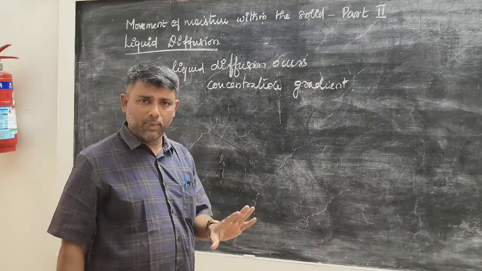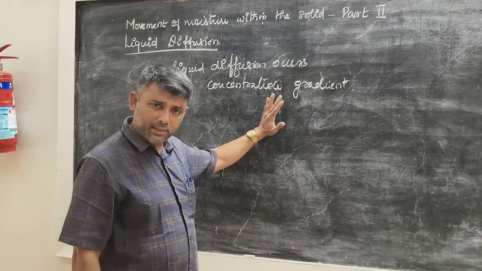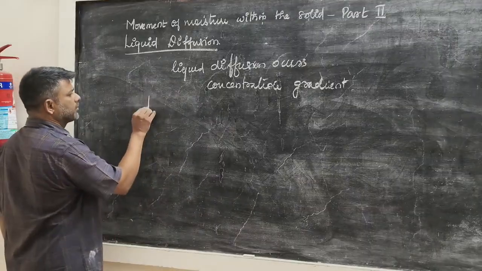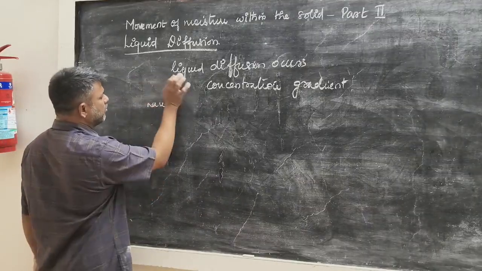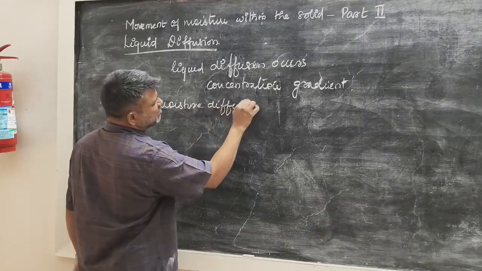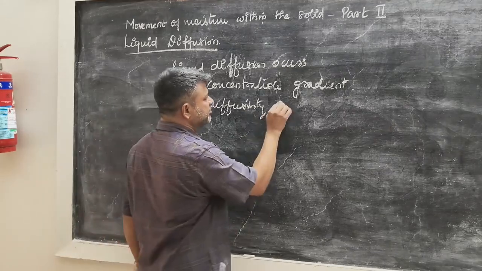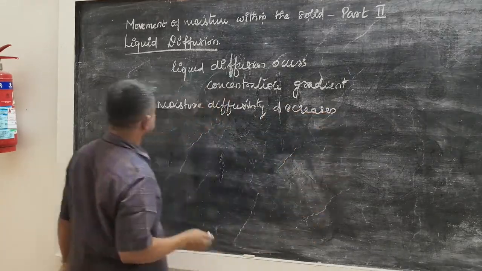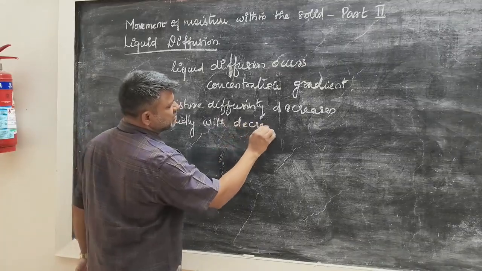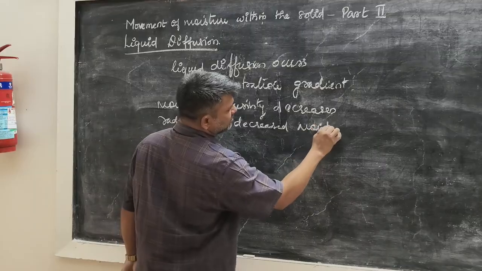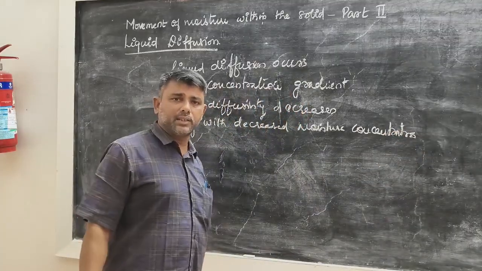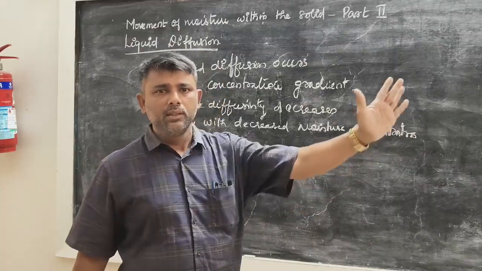Another important point is the moisture diffusivity. The rate of moisture diffusion, or moisture diffusivity, decreases rapidly with decreased moisture concentration, because the concentration of moisture from the surface to the depth keeps changing.